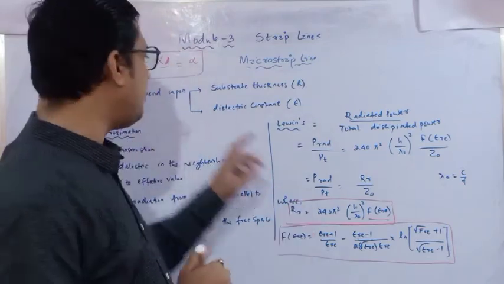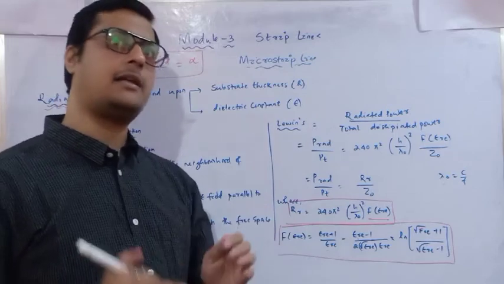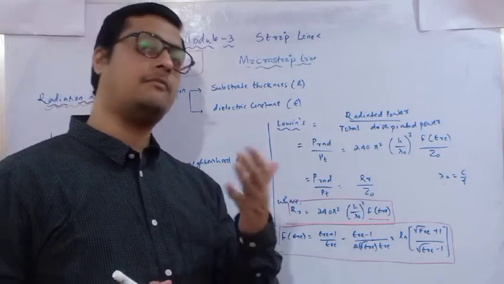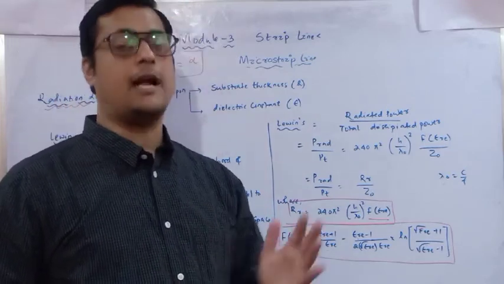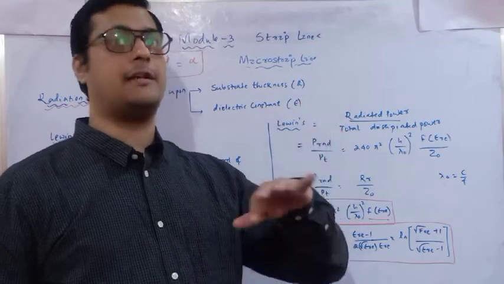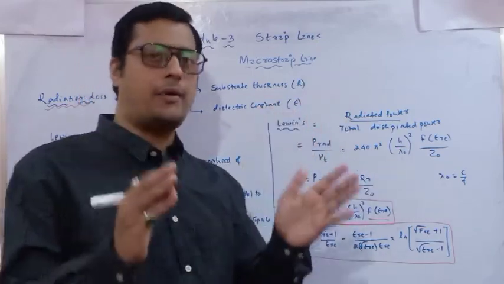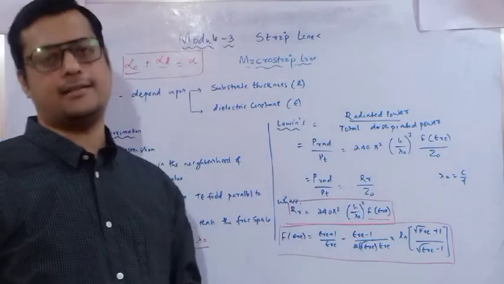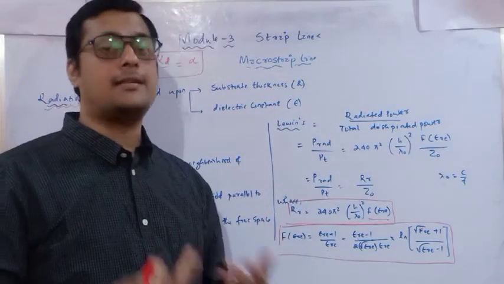Thickness means H, and the dielectric constant means epsilon D of the dielectric medium and the relative dielectric constant, epsilon Re. These are the two factors due to which radiation losses will happen.